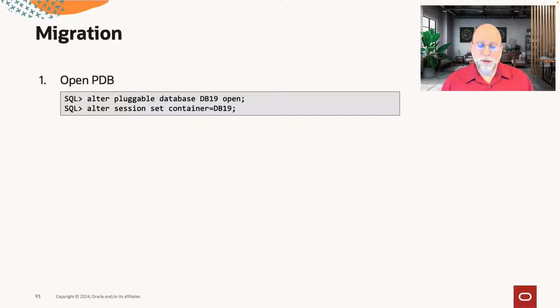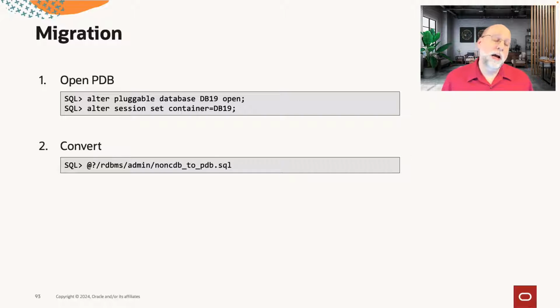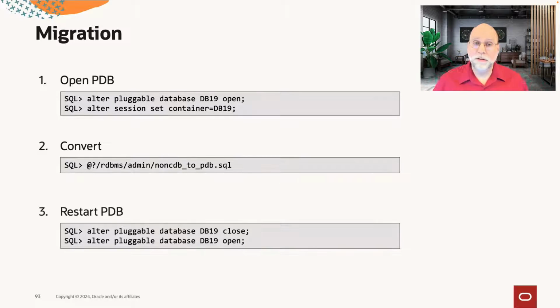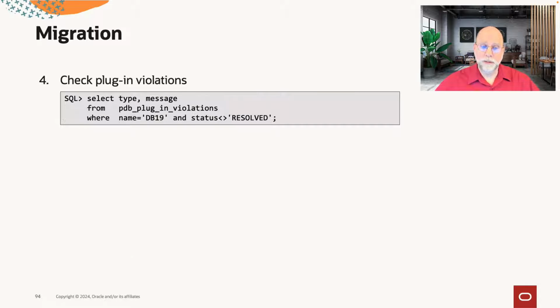So in order to do this, you open that pluggable database, you set your context into that container, and then you run the non-CDB to PDB.SQL script. That will spew lots of stuff onto your terminal window. You can watch it run if you want to, and at the end, close it and reopen it, and all should be fine. So that's the process. Now, you should still check PDB plugin violations to make sure that any of the previous warnings or errors have now been resolved by this process.